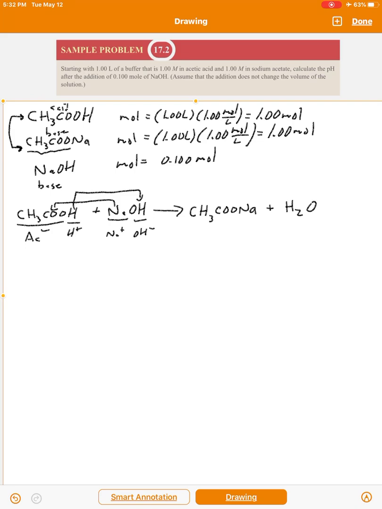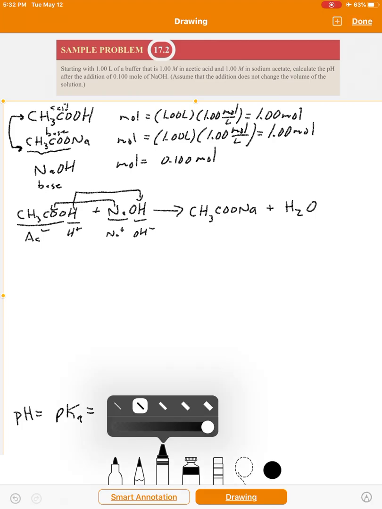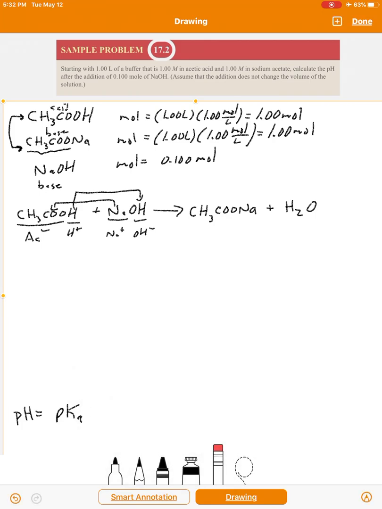Now, this is a buffer problem, so let's not lose track here. If this is a buffer problem, we should be able to use the Henderson-Hasselbalch equation. pH equals pKa plus the log of the ratio of the concentration of the acetate over the acetic acid.